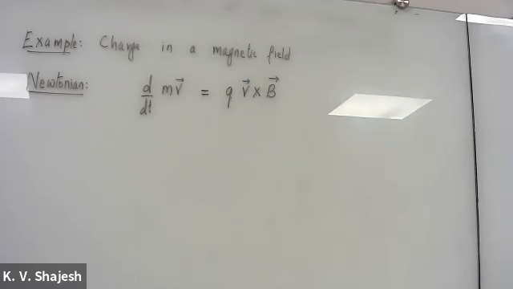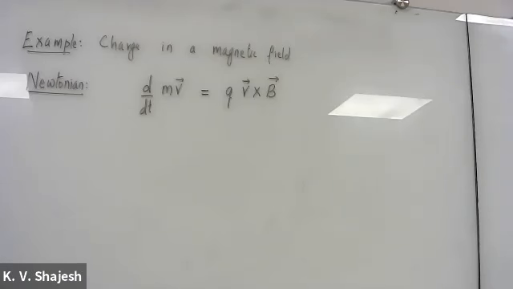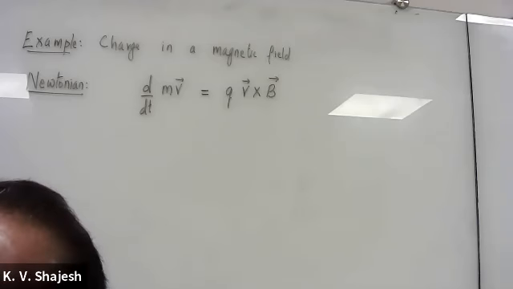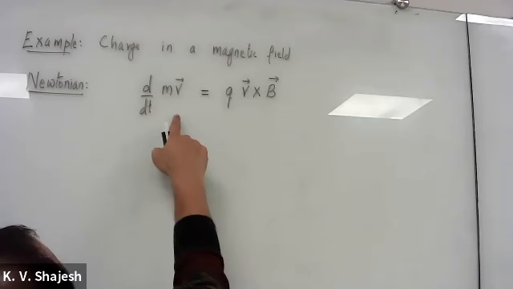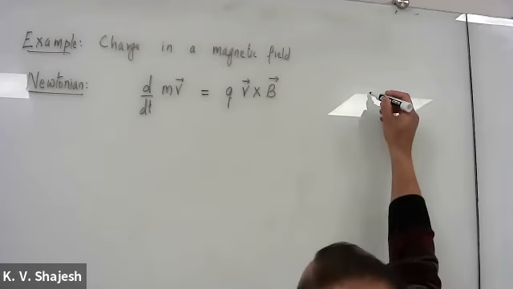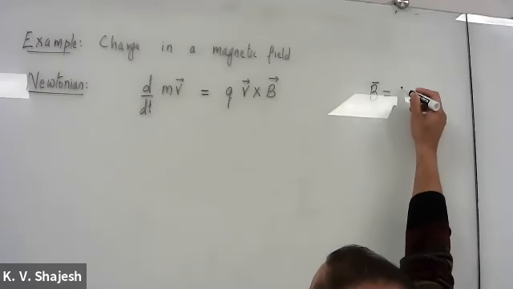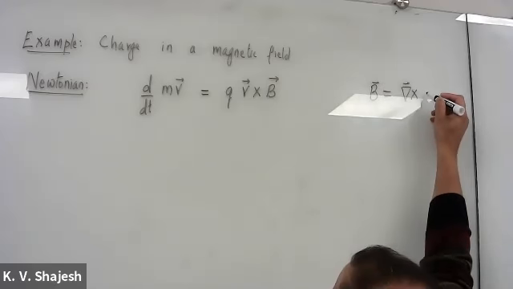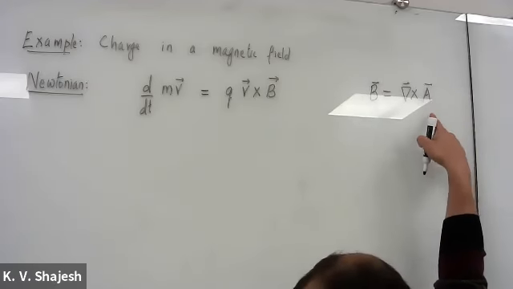Now, since I want to recognize the connection between V and B, first of all, let me just do it the straightforward way. Let's remember we also have B equal to del cross A. Is that a familiar idea? The vector potential? Yes.